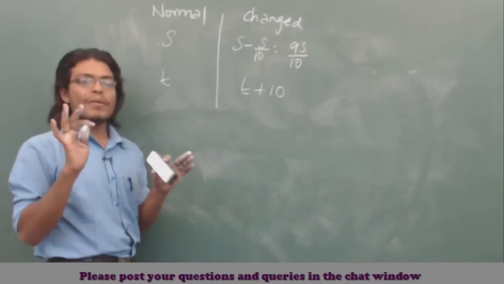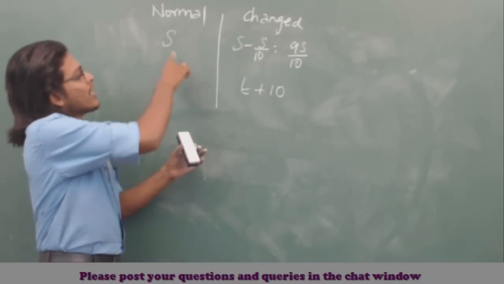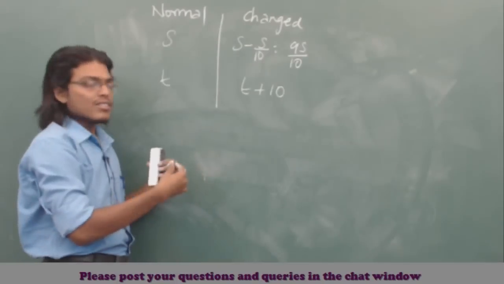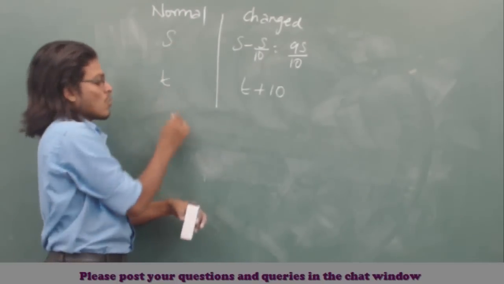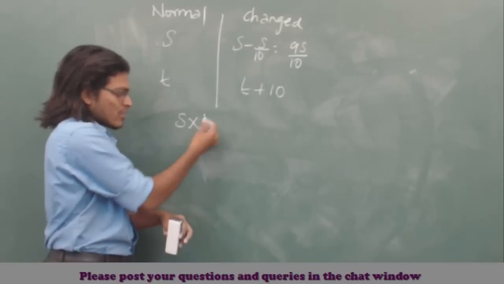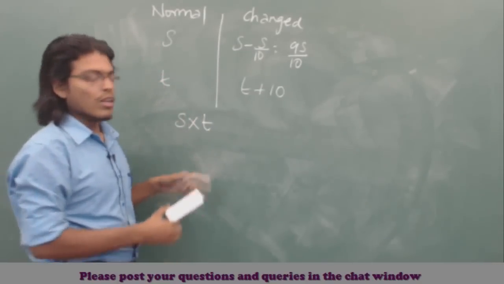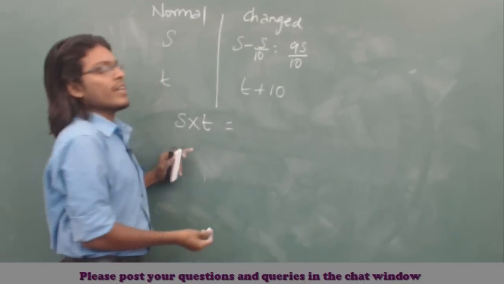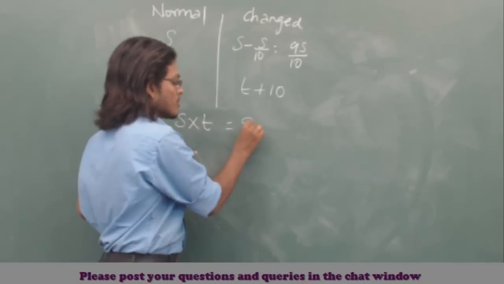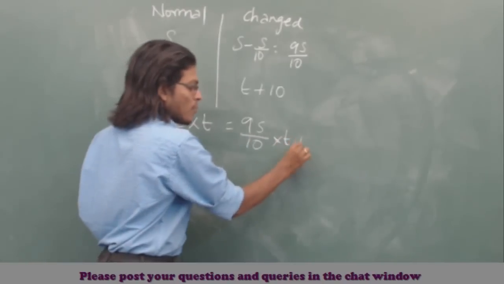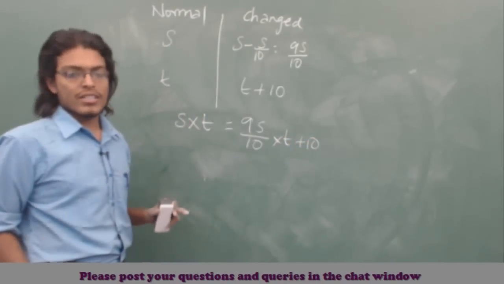Is it the speed, time, or the distance? The speed changed, the time changed, and the distance remains constant. So the distance S into T is equal to 9S by 10 into T plus 10.